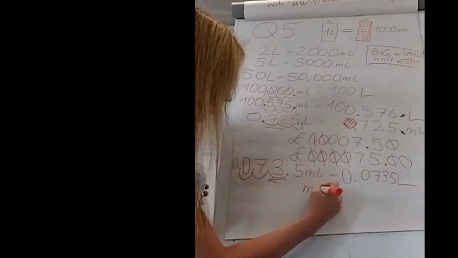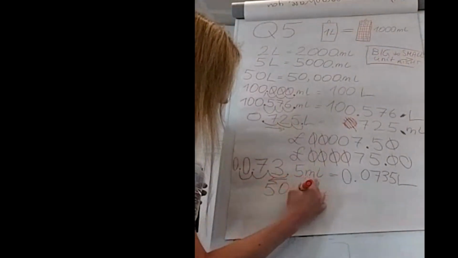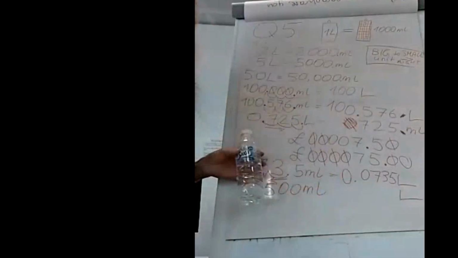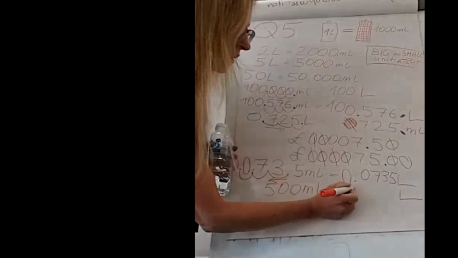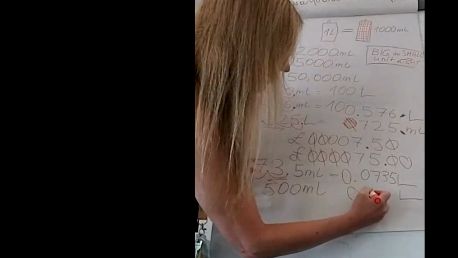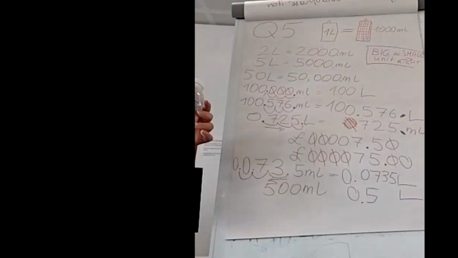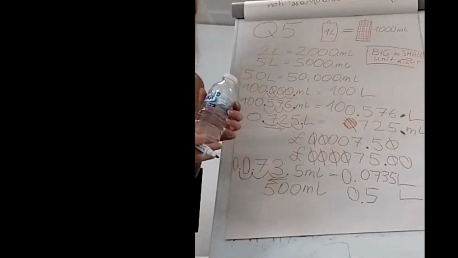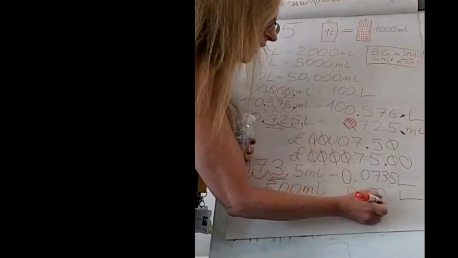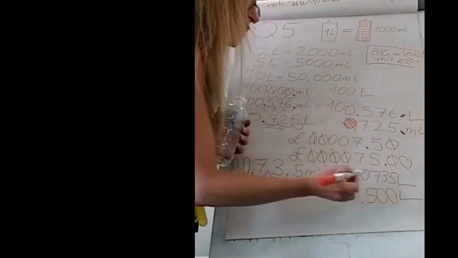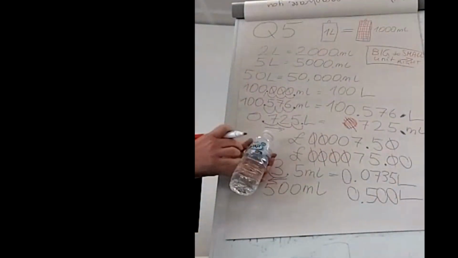So let's take that one, the 500 mil. How much is that in liters? 0.5. Very good. Can I add a 0 there? Yes, you can. Does it change? I can also put 2 zeros. Then I have the 500 again.